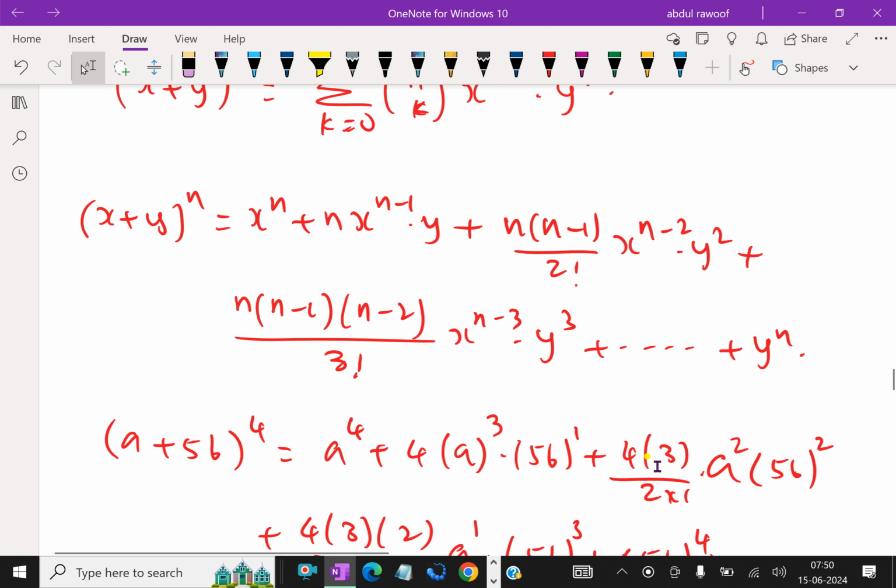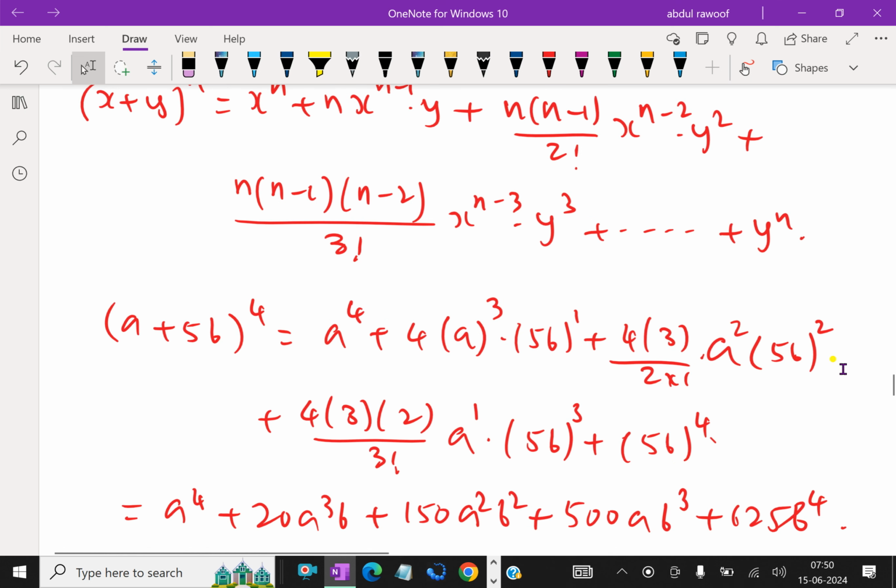Then 4 into 3, n into (n minus 1), divided by 2 factorial, which is 2 into 1. So which gives 6. That is a square into (5b) power 2. Then continuing, 4 into 3 into 2 over 3 factorial, a power 1, (5b) power 3. Then plus (5b) power 4.